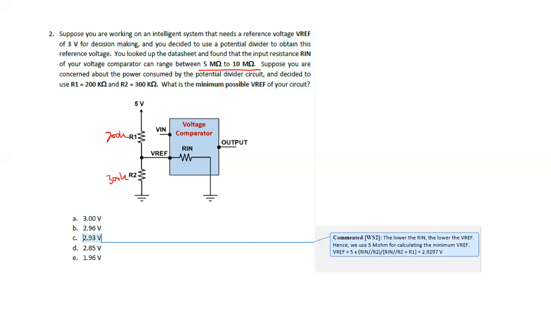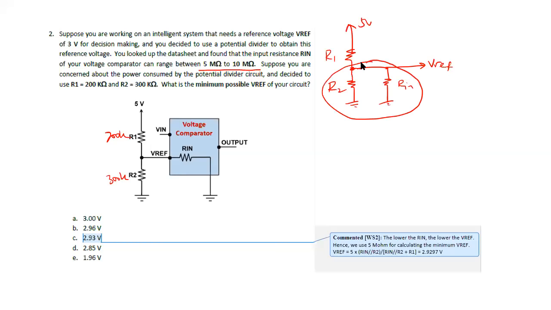Okay, so let's look back at the circuit here. We have 5 volts here, we have R1 and we have R2. So effectively at this junction we have another R in. And the Vref is calculated at this point here. That means it is the voltage across the parallel combination of these two resistors, which will be considered to be in series with R1.